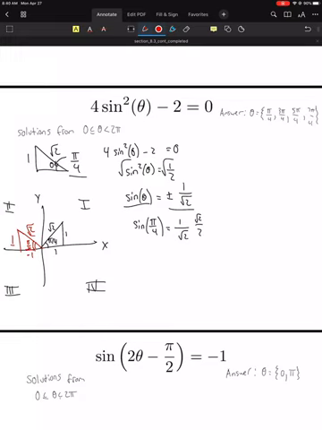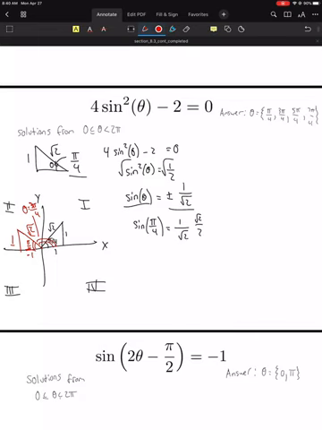But this pi over 4 is actually a reference angle for the larger angle here, and that larger angle is the theta that I'm looking for, which is 3 pi over 4.